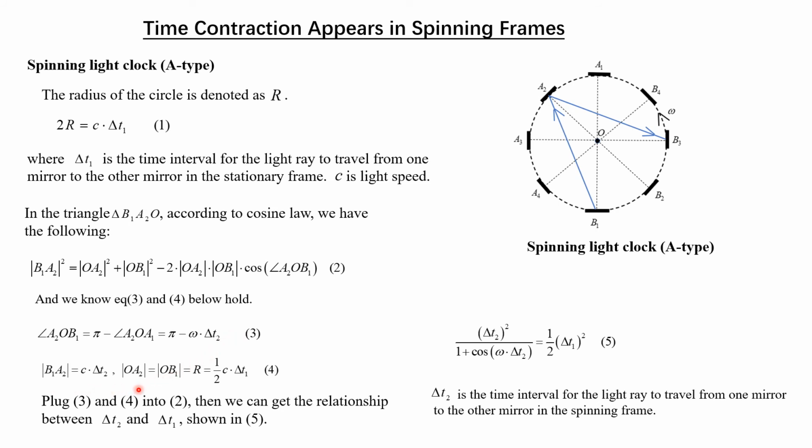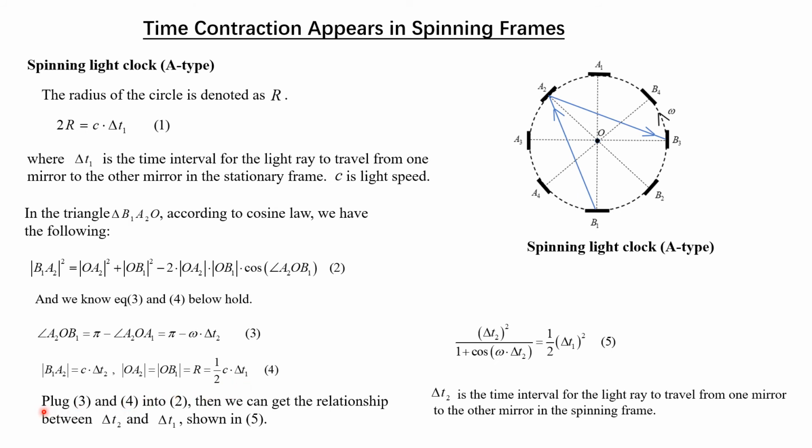We also have this equation 4 here, B1A2 equals C times delta T2, and OA2 equals OB1 equals R. So B1A2 equals C times delta T2, and OA2 and OB1 are equal to the radius R, and R is equal to half multiplied by C and multiplied by delta T1.